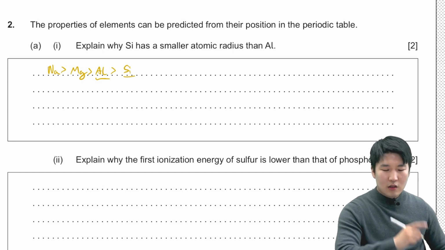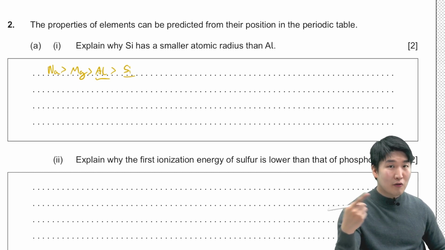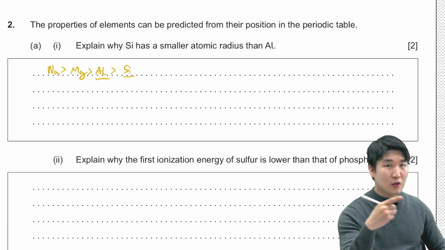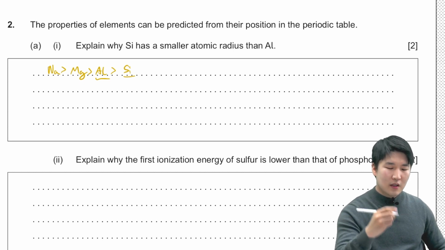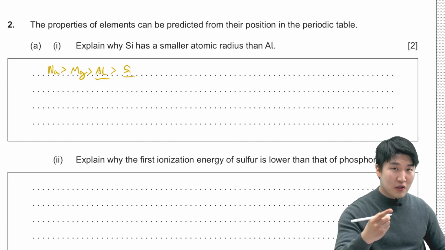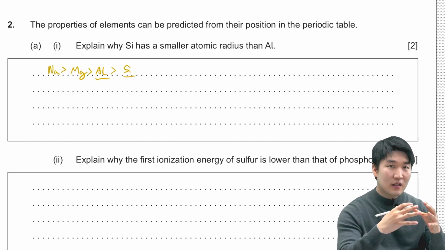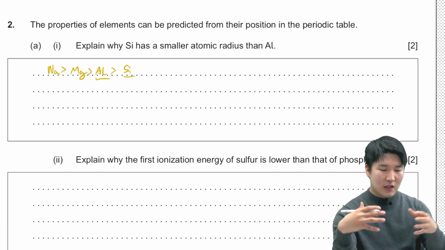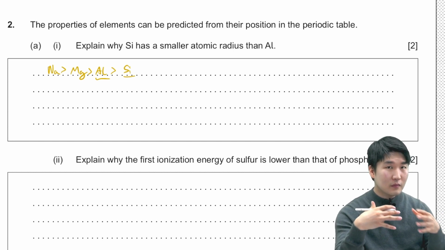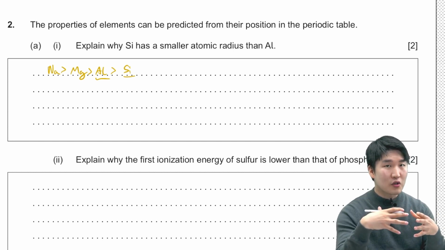Well, across the period, the number of protons increase, which means the nuclear charge increases, meaning the electrostatic attraction between the nucleus and the valence electrons gets stronger, resulting in atomic shrinkage.